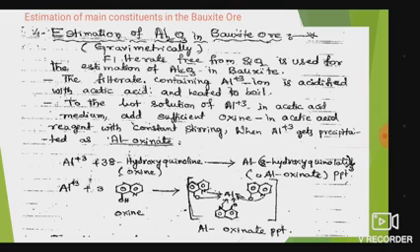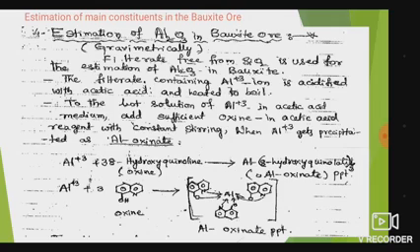Second, estimation of Al2O3 in bauxite ore gravimetrically. The filtrate free from SiO2 is used for the estimation of Al2O3 in bauxite. The filtrate containing Al+3 ion is acidified with acetic acid and heated to boil. To the hot solution of Al+3 in acetic acid medium, add sufficient oxine, 8-hydroxyquinoline, in acetic acid reagent with constant stirring.